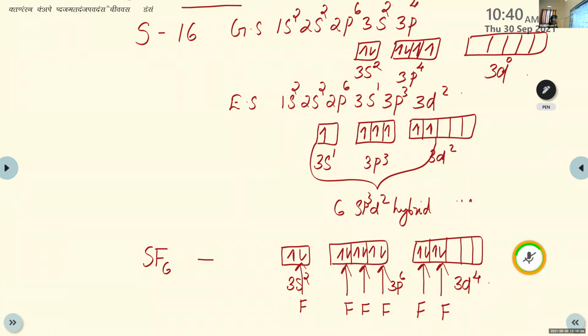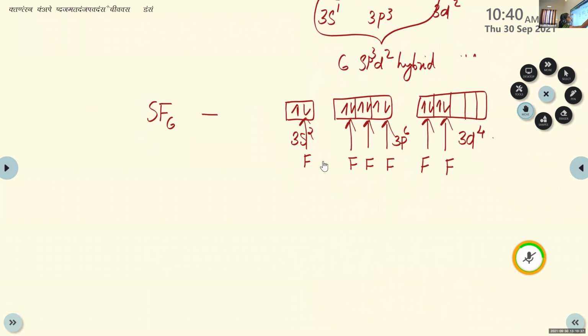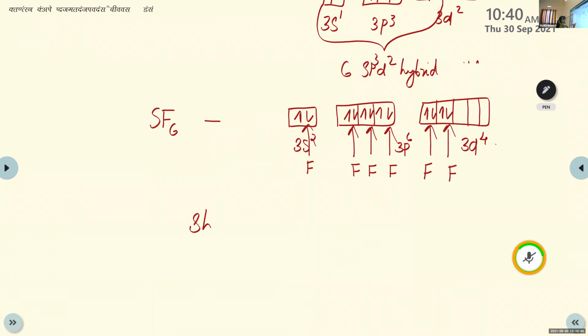Each fluorine atom will overlap with the 6 hybrid orbitals, and the formation of SF6 molecule occurs. And here the shape for sp3d2 hybridization is octahedral. So here the hybridization is sp3d2 and the shape of the molecule is octahedral.